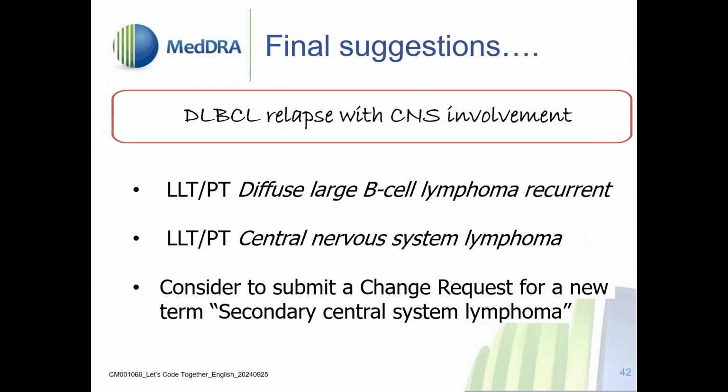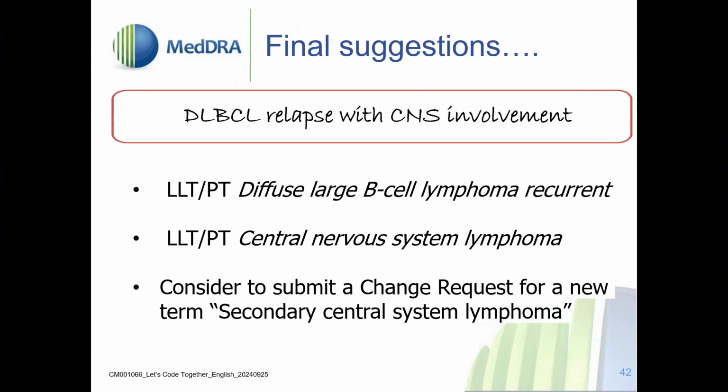Yeah. But if you look into the literature, the relapse recurrence of the DLBCL often involves other organs as well, but also the CNS. So it's not referring to paraneoplastic symptoms, but really to a spread into the CNS.